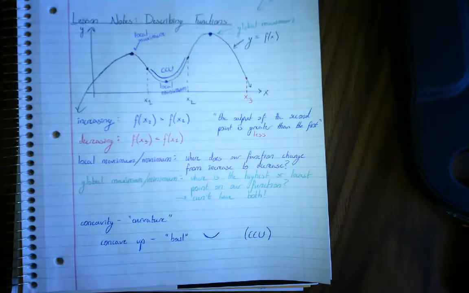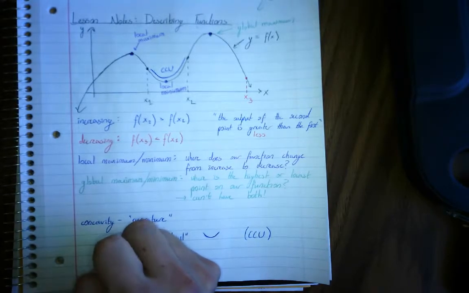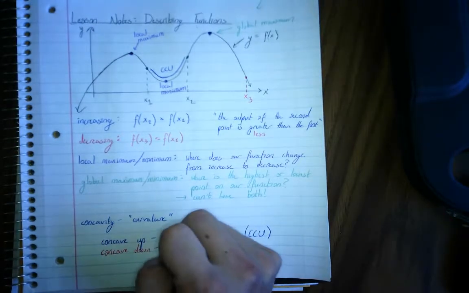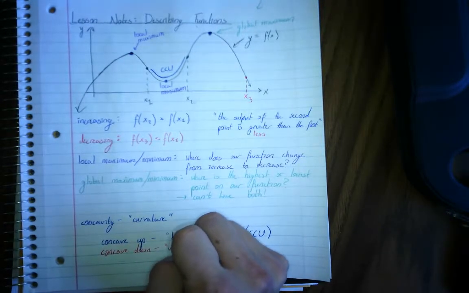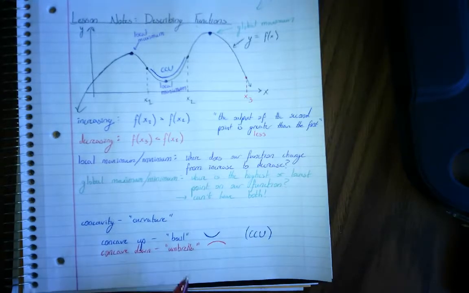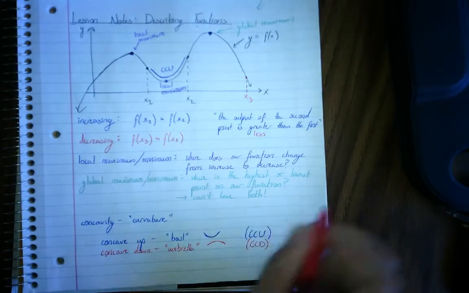Next up we have concave down, which I'll make red. So concave down is going to be our umbrella. So it'll generally have curvature that looks like this, kind of upside down. And I'm going to abbreviate it as CCD.